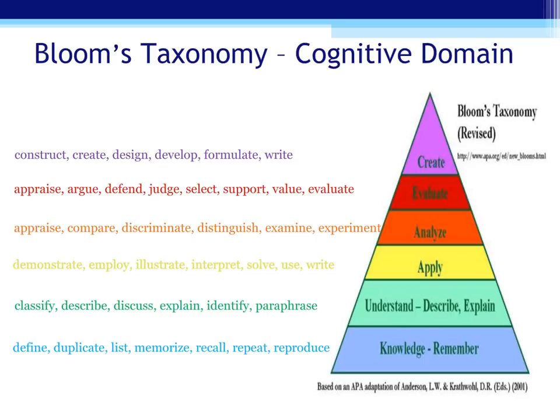So, for example, at the knowledge or remember level, students could define, duplicate, list, memorize, recall, repeat, or reproduce some piece of knowledge. The verbs, not all of which are listed here, form the basis for the learning objective statement.